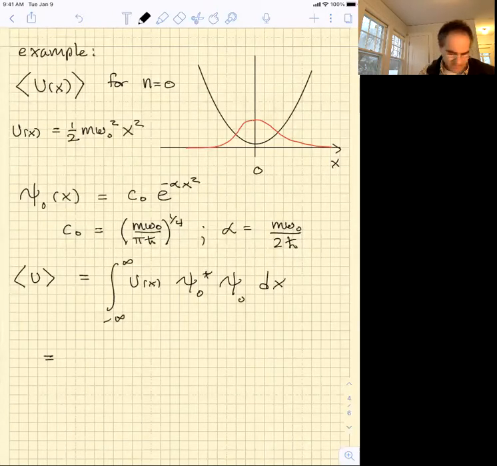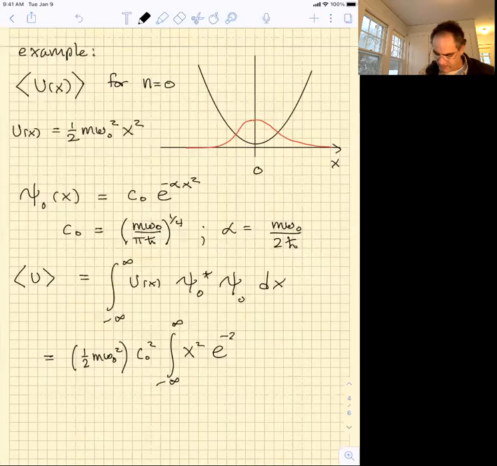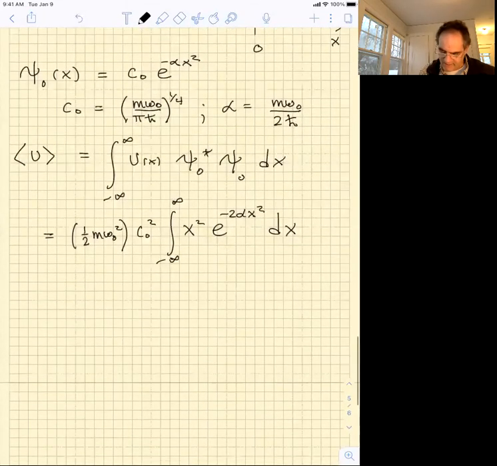And then that will be, from U of x, 1/2 m omega naught squared times C0 squared times the integral of x squared e to the minus 2 alpha x squared dx. And just continuing, we can solve this integral and then write out our solution.